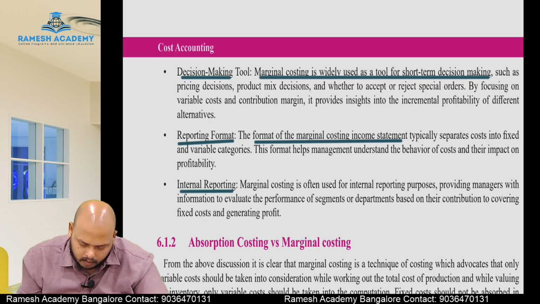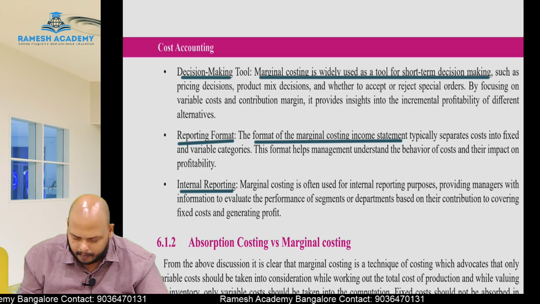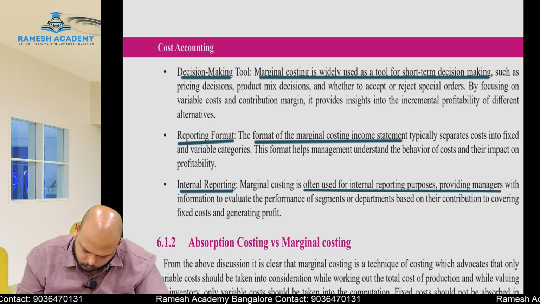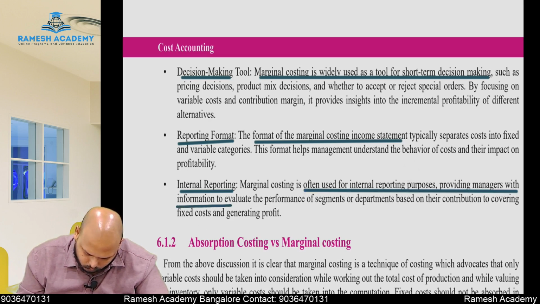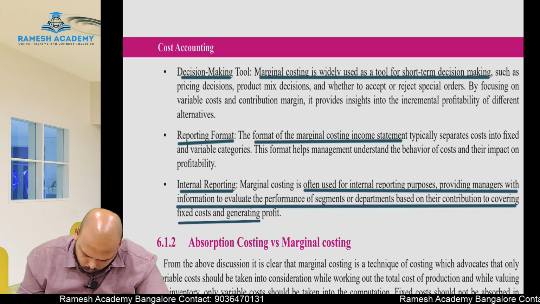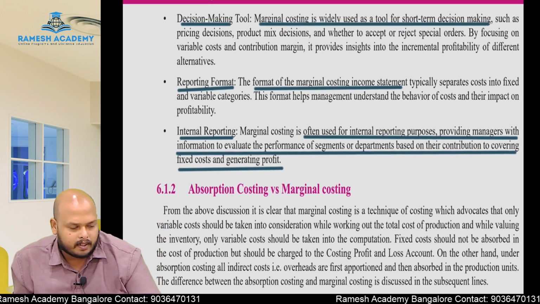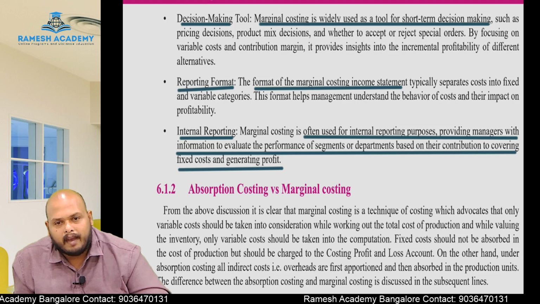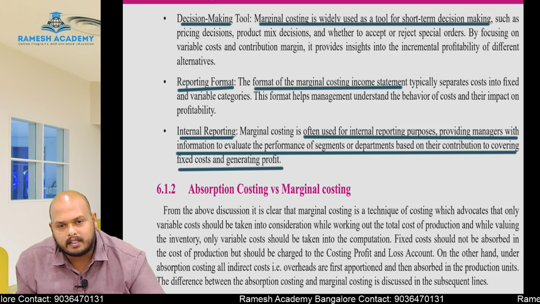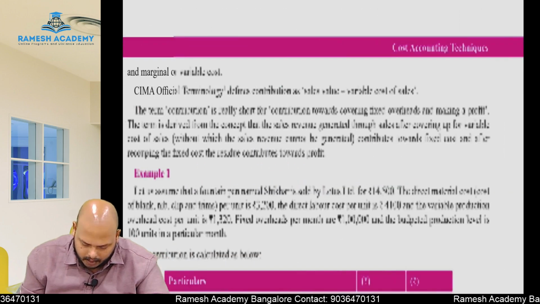Internal reporting: marginal costing is used only for internal reporting purposes, not for external purposes. It provides information to the managers regarding different departments or segments in order to make decisions.